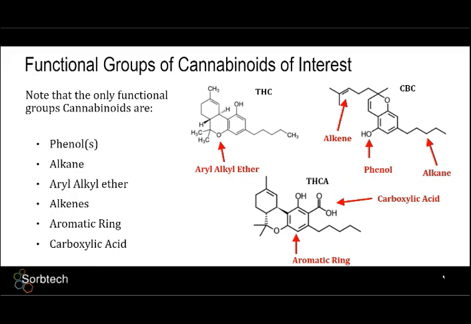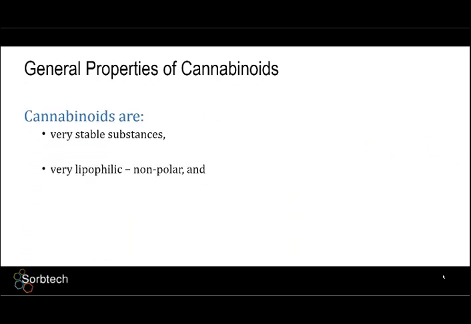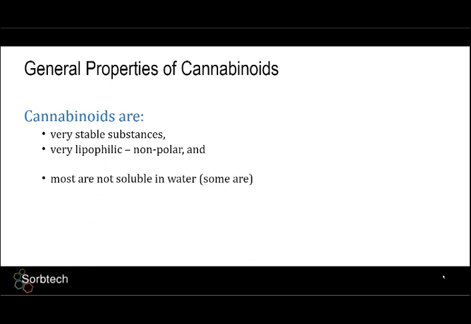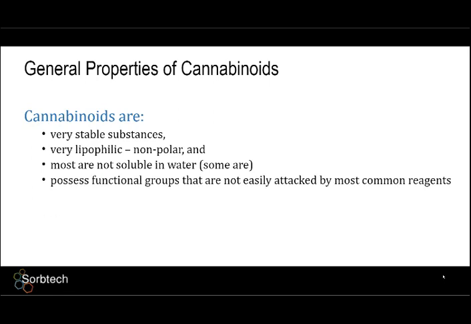That's it. In general, they're very stable substances. Once they're made, they're pretty stable. They're all very lipophilic, very nonpolar. Most are not soluble in water. The carboxylic acids are. And they all possess functional groups that are not easily attacked by most common reagents.